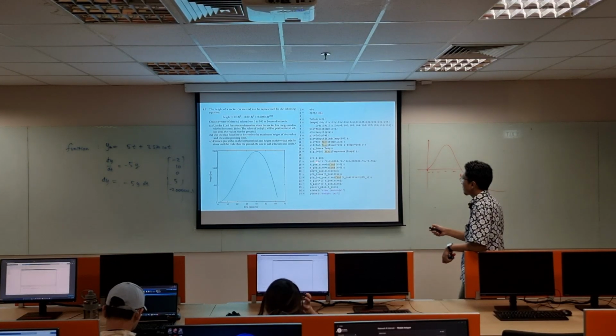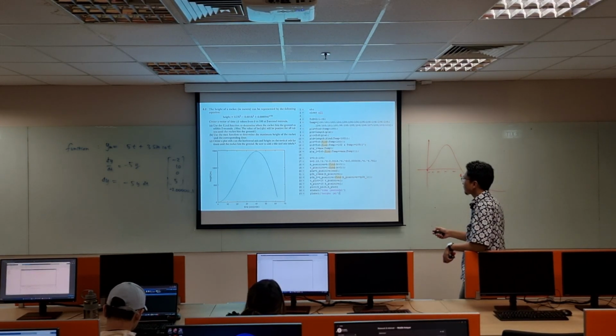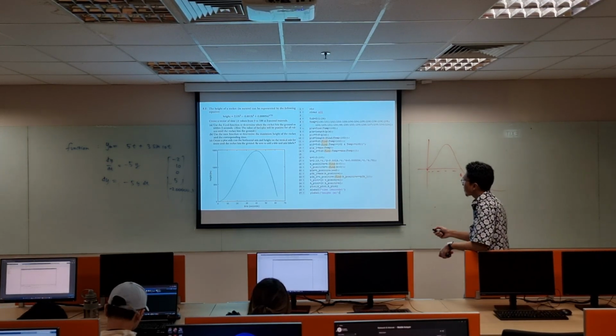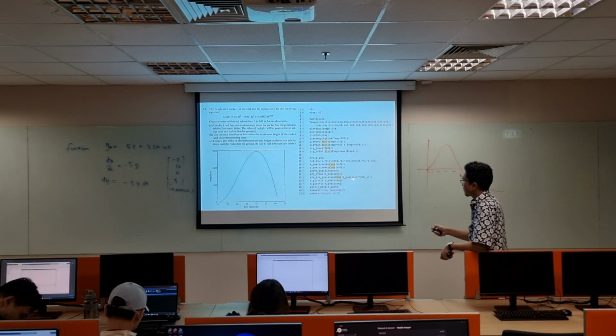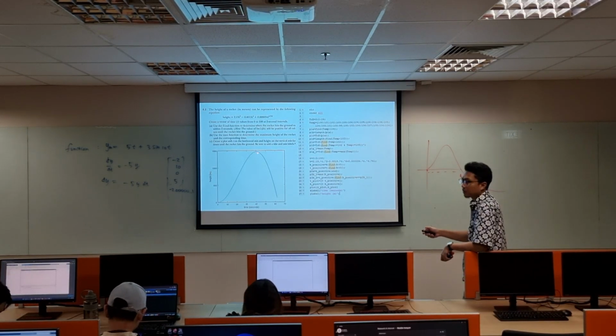I get the T positive in here, where all of the T here, the H is positive, okay? And in here is the index where the H is the maximum. So I'm trying to get the index in here.